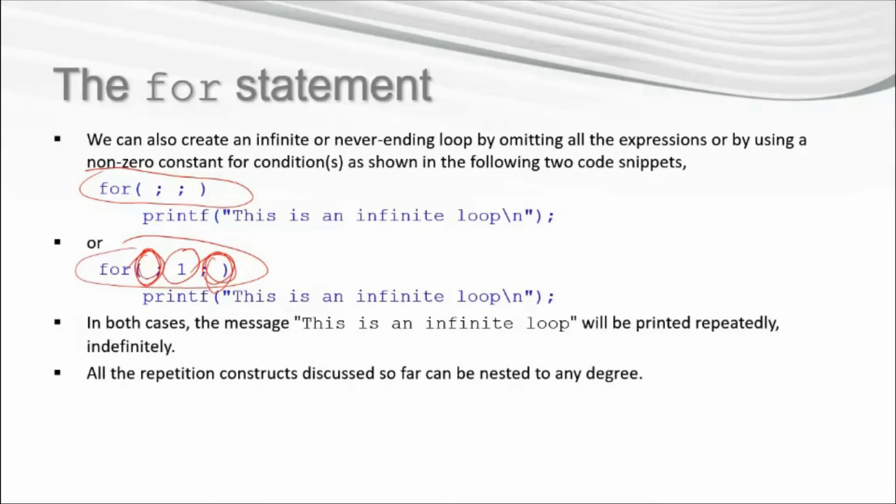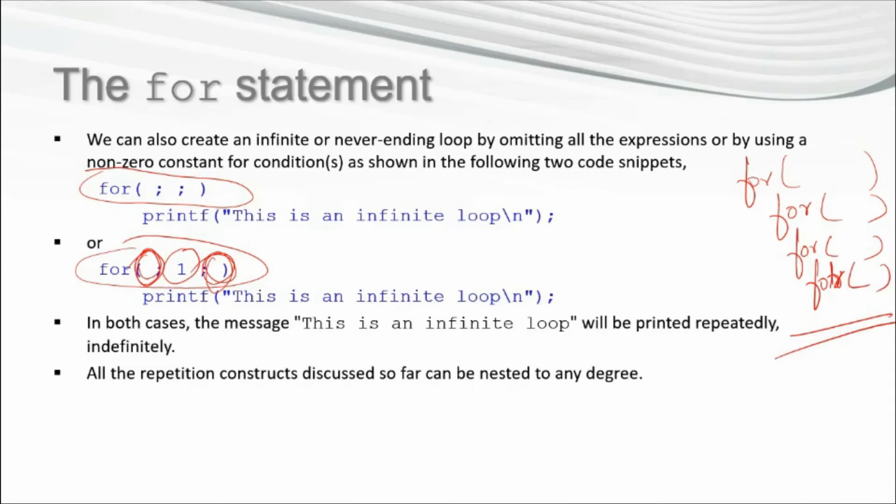Another feature of the for loop is that it can be nested to any degree. Here is a for loop. Inside this for loop, there is the possibility of another for loop, and inside this one, another for loop is possible. Likewise, the for loop can go up to any level, whether it is 9, 10, 100, or that many nested for loops.